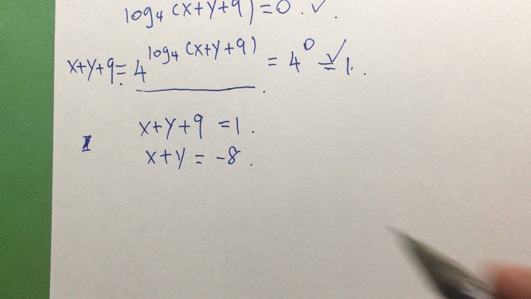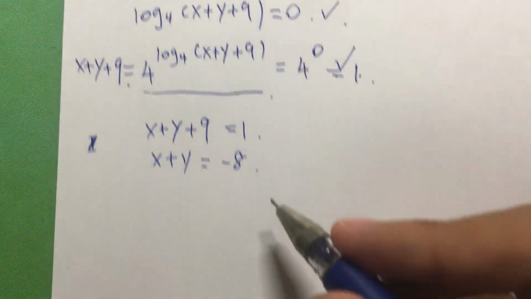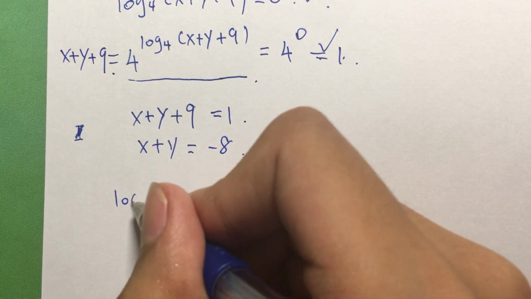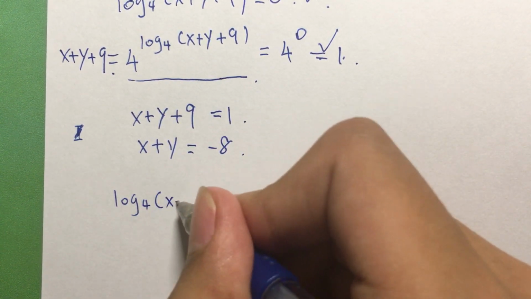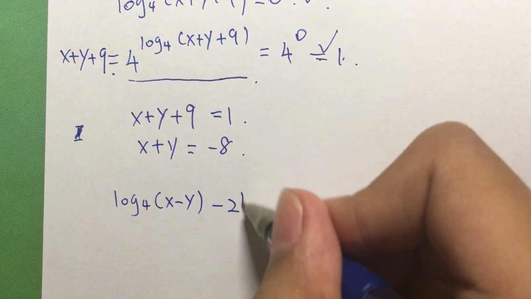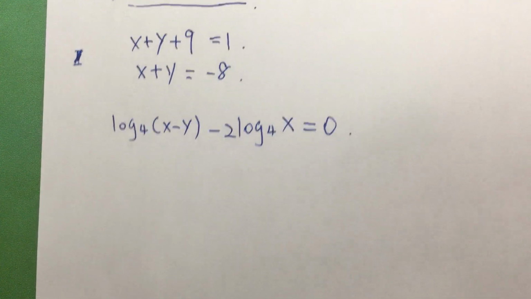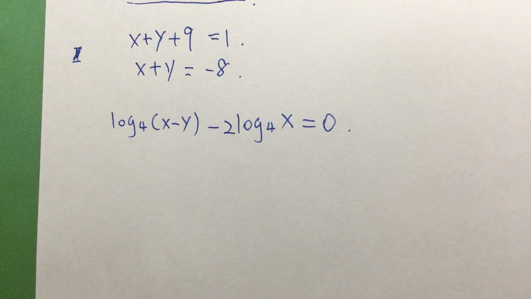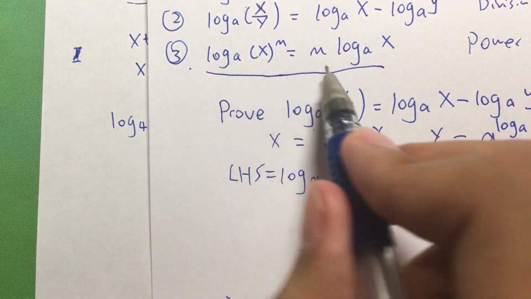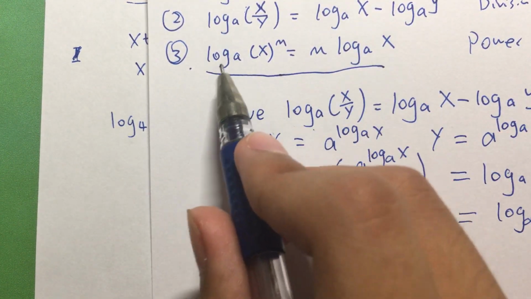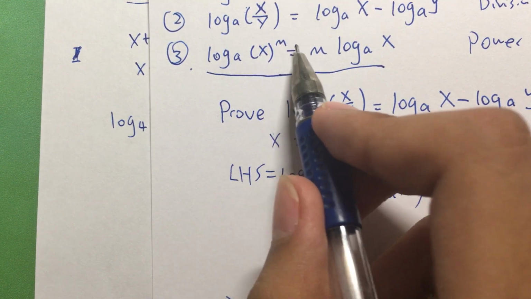Yeah, and also we do the same thing for the first equation, but there we need something else. So firstly, let's subtract that, equals 0. And now we need to use the power law, which is m log a x is equal to log a x to the power of m.